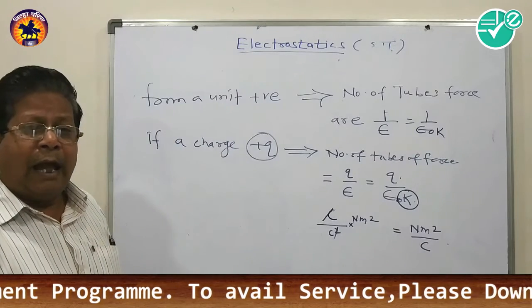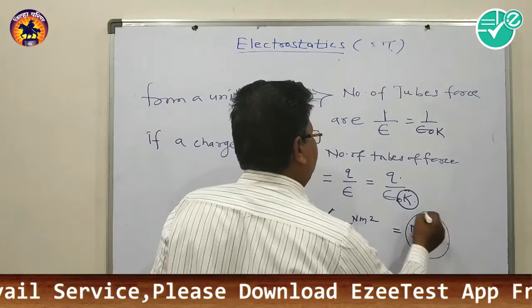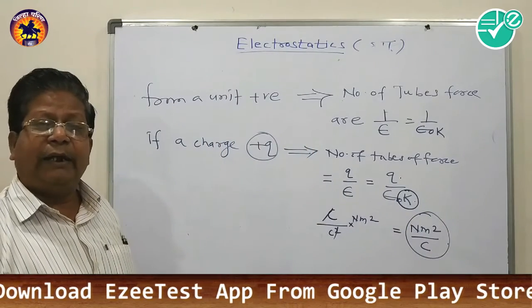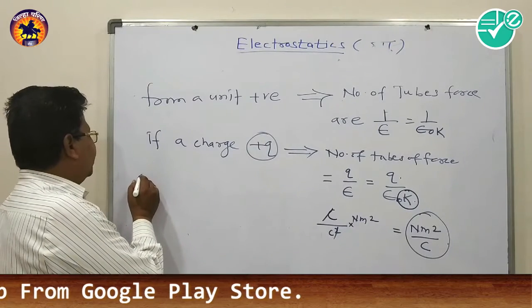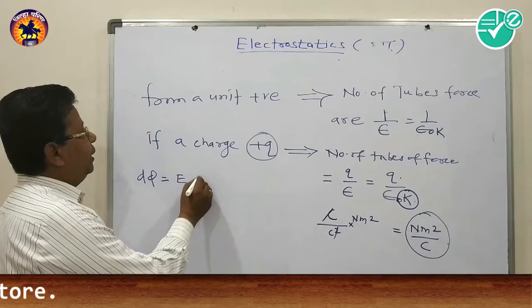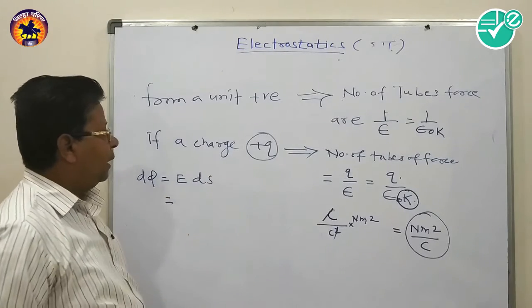And we must notice that this is the SI unit of electric flux also. We know that the electric flux is given by d phi equal to E into ds.